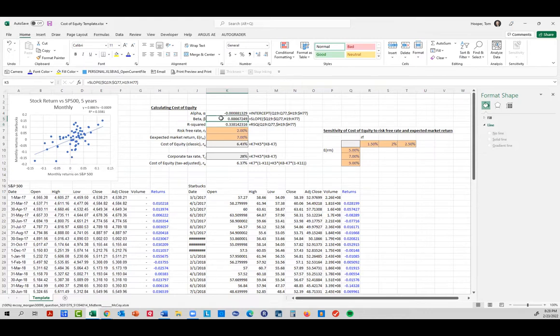So if we have beta and we're willing to make an assumption about the risk-free rate, which I looked up, the 10-year treasuries before class, and I think it was about 1.94%. And then if we're willing to make an assumption about the expected market return, 7%.